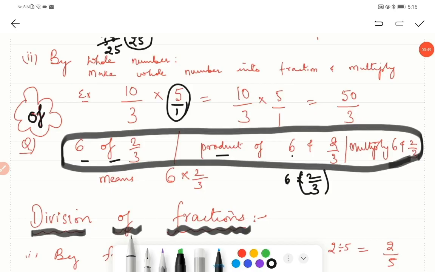So multiplication can be asked in 3 types of questions. That is, they can ask you 6 of 2 by 3, or product of 6 and 2 by 3, or multiply 6 and 2 by 3, you write like this, isn't it? So if they ask you in any question 'of', that means you need to do multiplication.